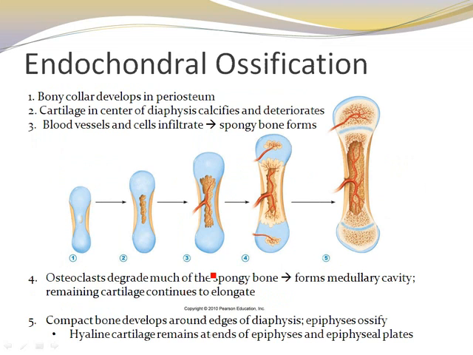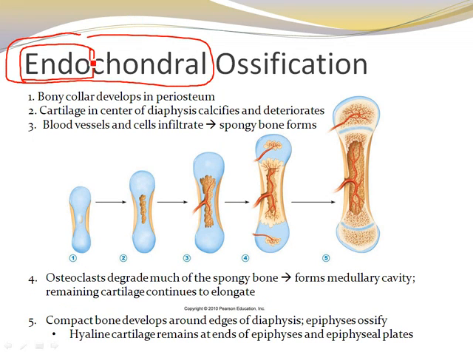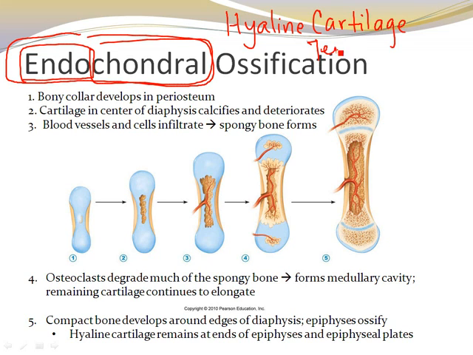Most other bones in the body ossify through a process called endochondral ossification. Endochondral, endo means inside, chondral refers to cartilage. This develops within cartilage. So these are bones that start from hyaline cartilage templates.